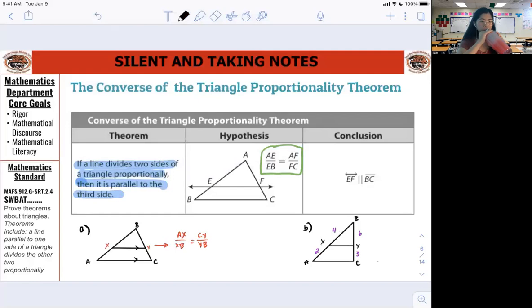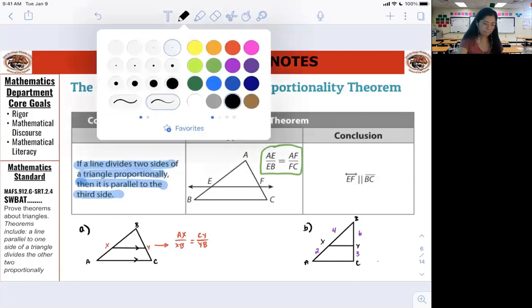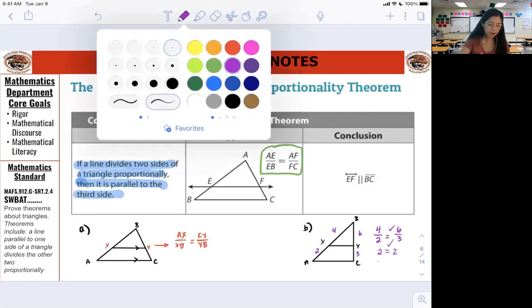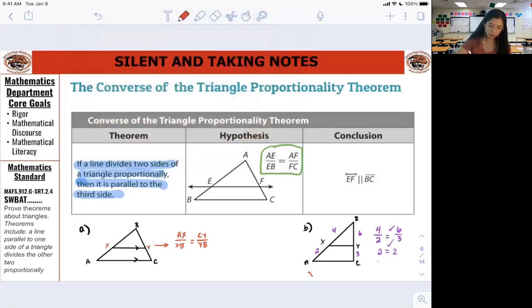That basically the smaller portions are just proportional. They're proportional, yeah. 4 over 2 is equal to 6 over 3 because 2 equals 2. So they are proportional. And since they're proportional, now I can say, oh, okay, XY is parallel to AC.